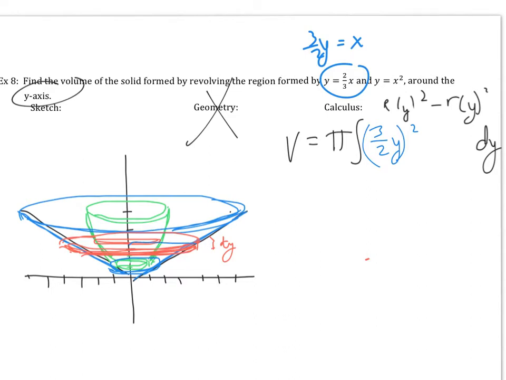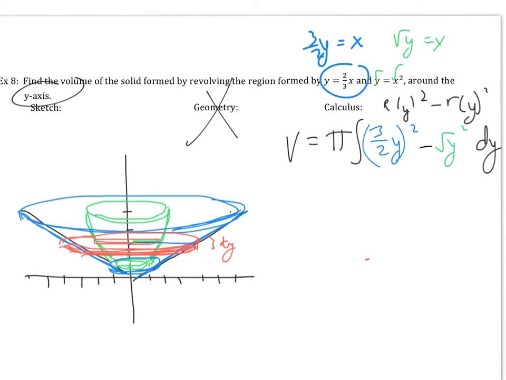And then for my smaller radius, I have y equals x squared, which means I take the square root of both sides and say square root of y is equal to x. So now I've got the integral from, not sure what to what yet, because I've got to change my limits to be in terms of y, but I know I'm going to have (3/2 y) squared minus (radical y) squared dy.